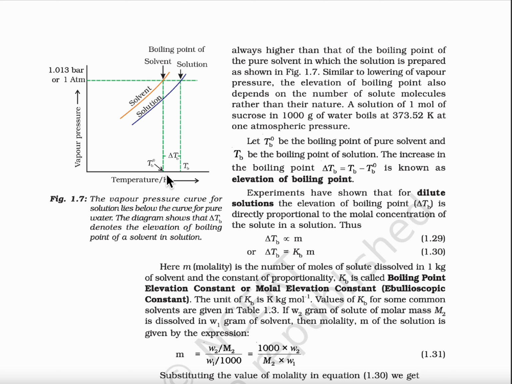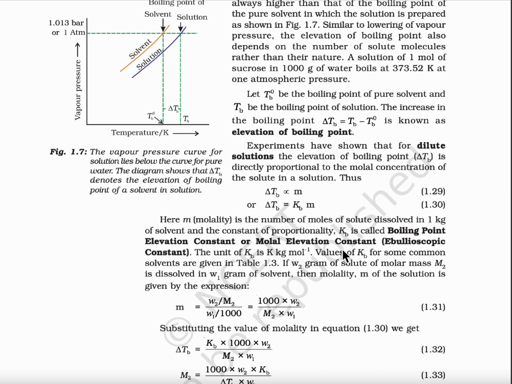For that, the temperature has to be increased from Tb naught to Tb, and only then is the vapor pressure equal to the atmospheric pressure, and it boils here. So this increase in temperature in order to make the solution boil is your delta Tb, and since it is greater than the boiling point of the solvent, it is called the elevation of boiling point.